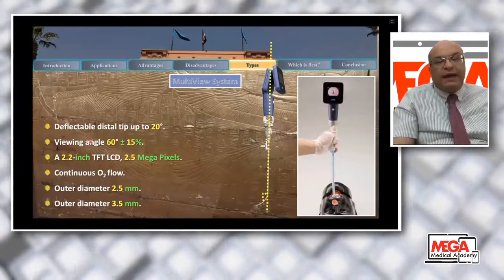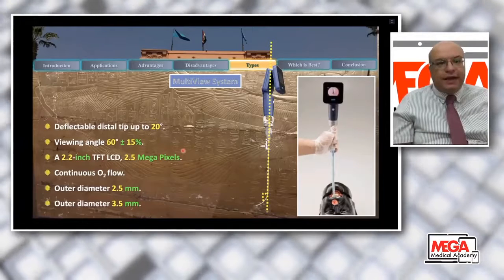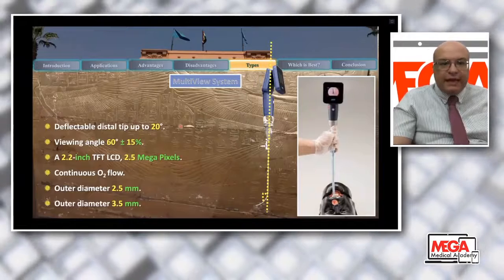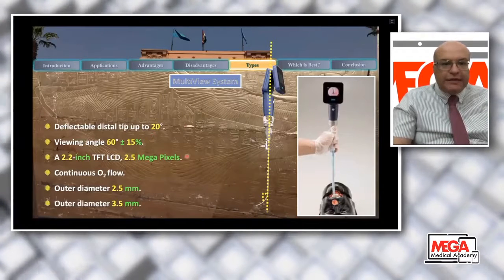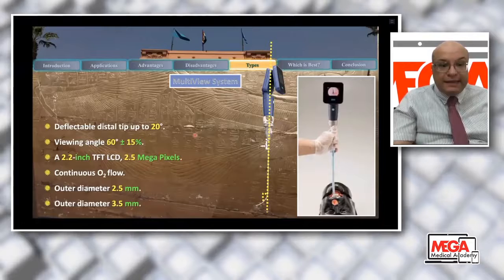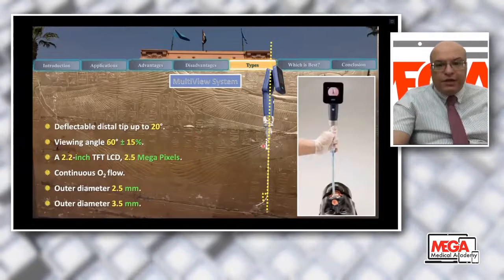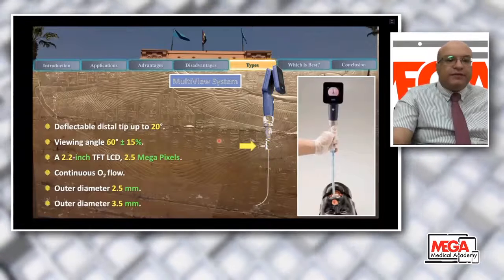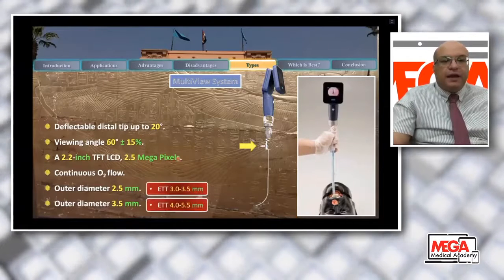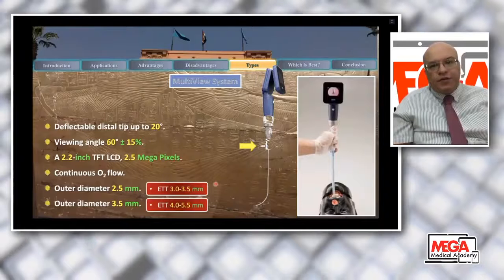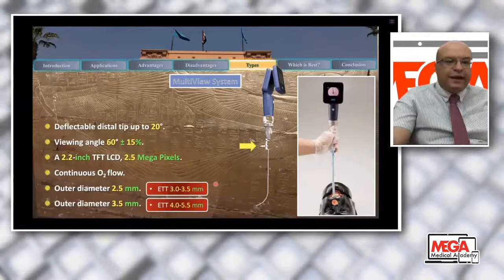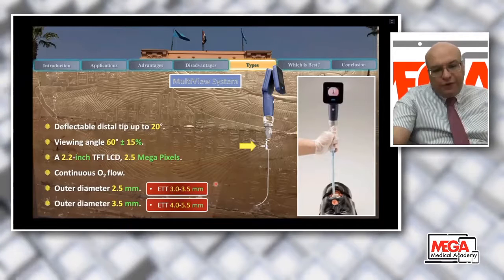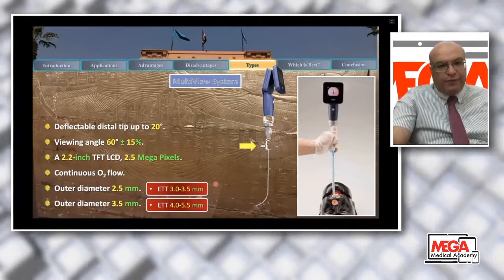The viewing angle is variable, 60 degrees plus or minus 50%. There is a portable screen on the handle, a 2.2-inch LCD screen with 2.5 megapixels. You can also apply continuous oxygen from this port. It is also available in 2 diameters: 2.5 can use tube 3 to 3.5 for first year kids, and outer diameter of 3.5 could be used for endotracheal tube 4 to 5.5.